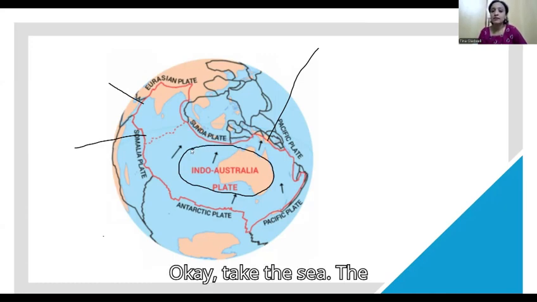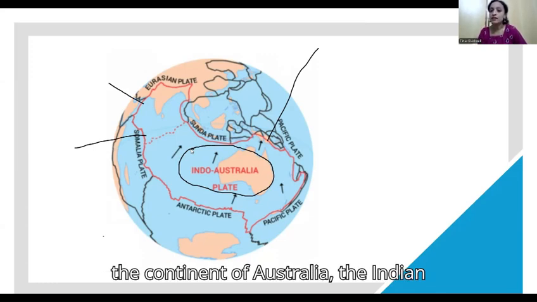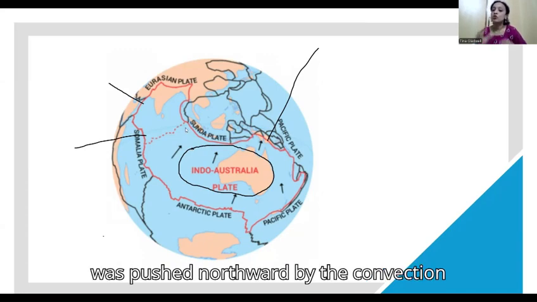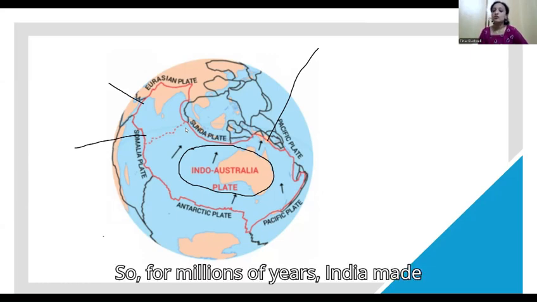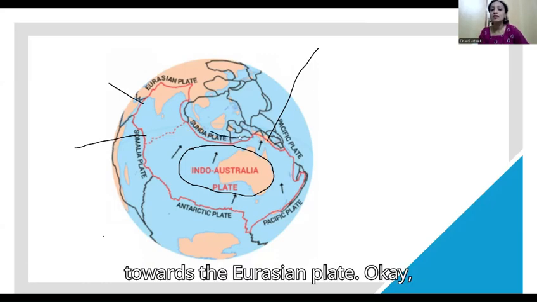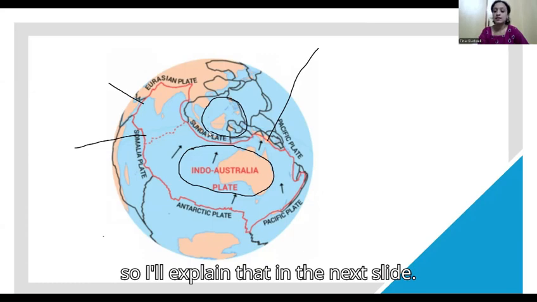The Indo-Australian tectonic plate, containing the continent of Australia, the Indian subcontinent, and surrounding ocean, was pushed northward by the convection currents generated in the inner mantle. So for millions of years, India made its way across the sea towards the Eurasian plate. I'll explain that in the next slide.